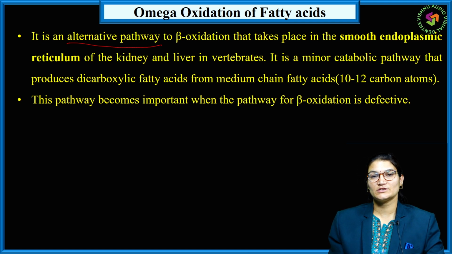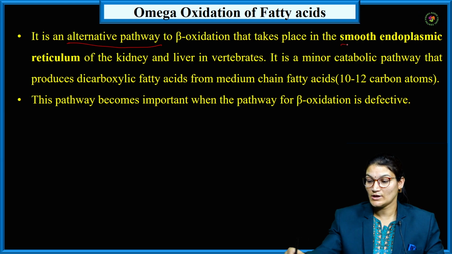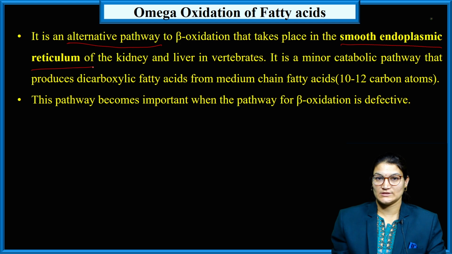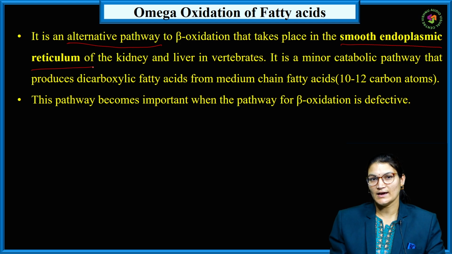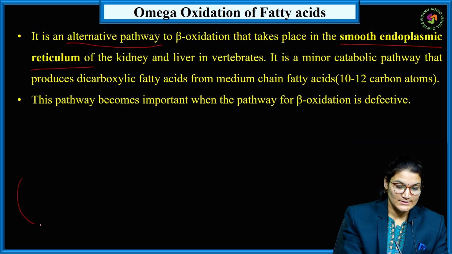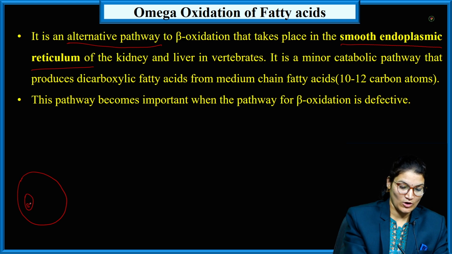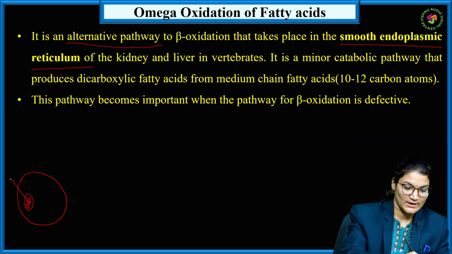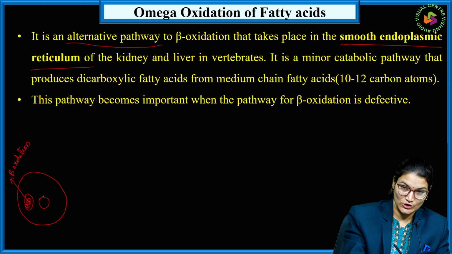Generally beta oxidation occurs in the mitochondria of the cell, and omega oxidation occurs in the smooth endoplasmic reticulum of the cells present in kidney and liver. As you know, a cell contains a cell membrane and mitochondria as well. So you can see beta oxidation in mitochondria, and around the nucleus you have the endoplasmic reticulum.